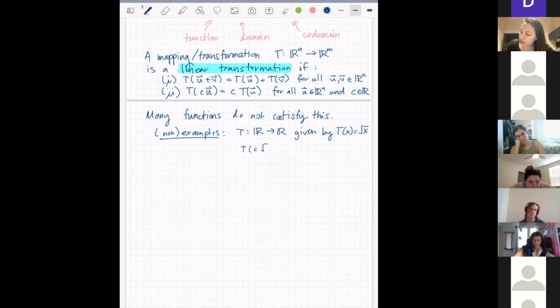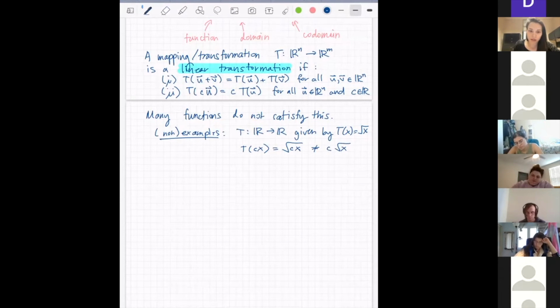If we look at the image of c times x, so we just multiply by some scalar c, then we'll get the square root of c times x. And this is not equal to pulling out that constant. We can't just pull out a constant from a square root.